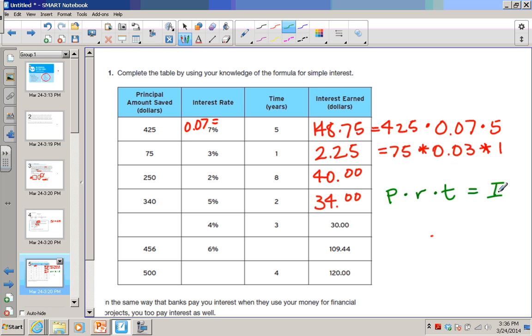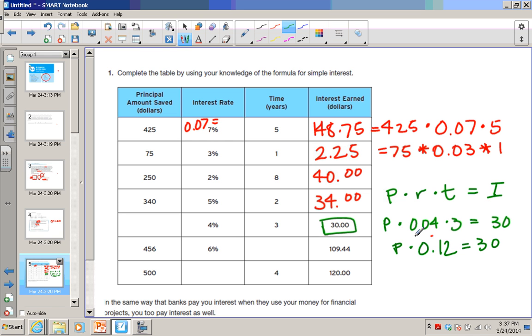For this one we don't have the principal, so we're just going to put the P. We have the interest rate, which is 0.04, and we have the time frame, which is 3 years, and we also have what our total is going to be, which is 30. So now you're going to solve this like you would any other equation that we've talked about this year. We have 0.04 times 3, which is 0.12.